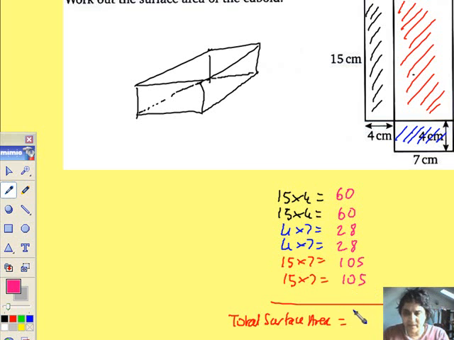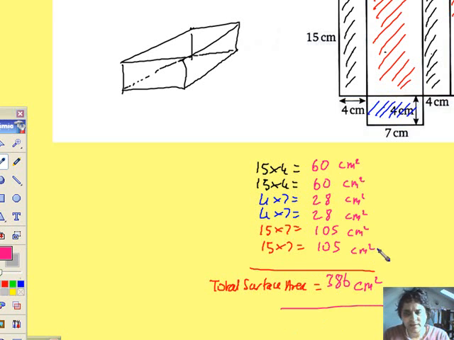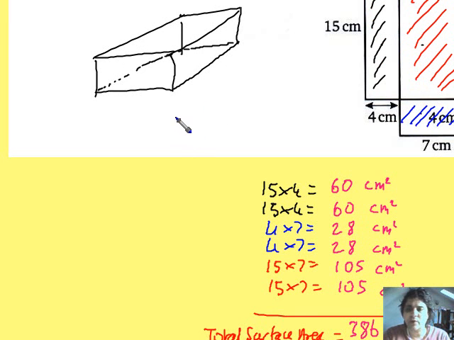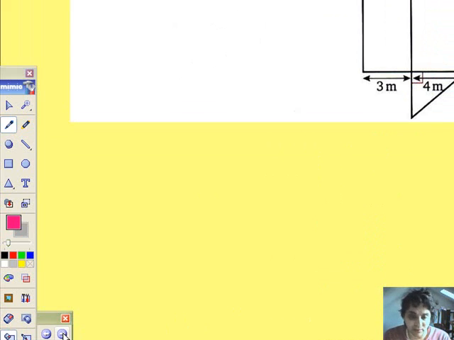Altogether I've got 386 centimetres squared, because this is an area. All of these are centimetres squared because they're individual areas of rectangles, and I've got 3 different pairs of rectangular faces put together to make a lovely cuboid. The final answer is 386 centimetres squared of card if I wanted to make that particular box.